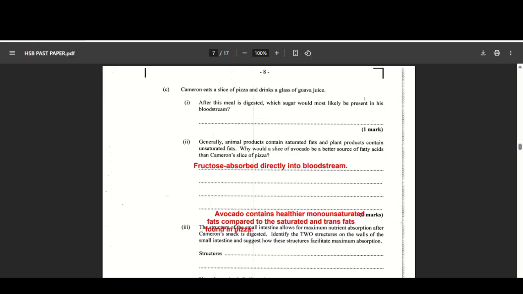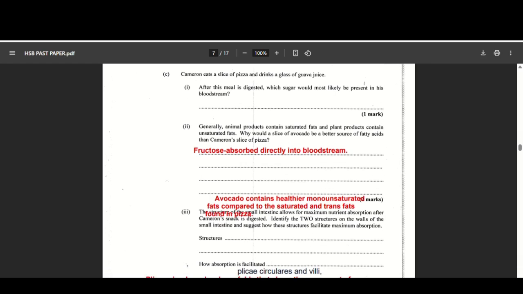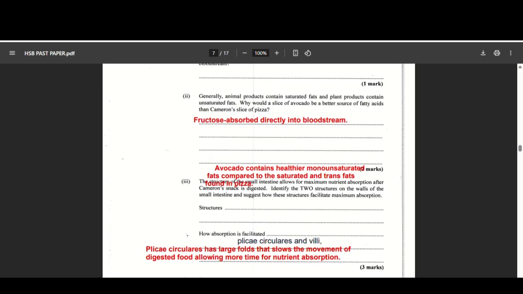So all in all, avocado is healthier, right? It has monounsaturated fats, which are healthier than the saturated and trans fat in the pizza. But even if you never know, pizza is just not healthy regardless.